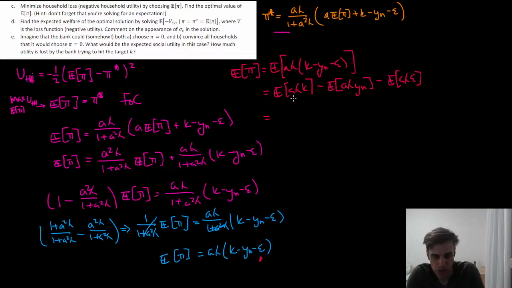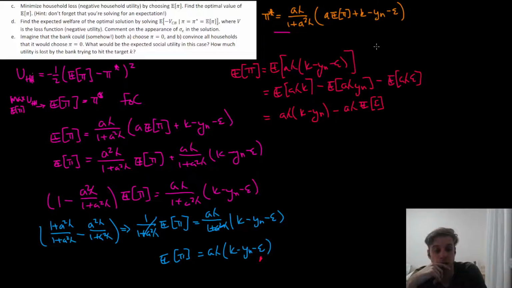And the expectation of deterministic things is themselves. So A lambda K is all deterministic, and we know what to expect. A lambda YN is also deterministic, so let's actually just bring this back together. We'll get K minus YN. And because it's linear, we can pull out terms that are unrelated to the expectation. So we can just get it down to this. Multiplicative terms, we can take them out of the expectation, provided that they're not random.